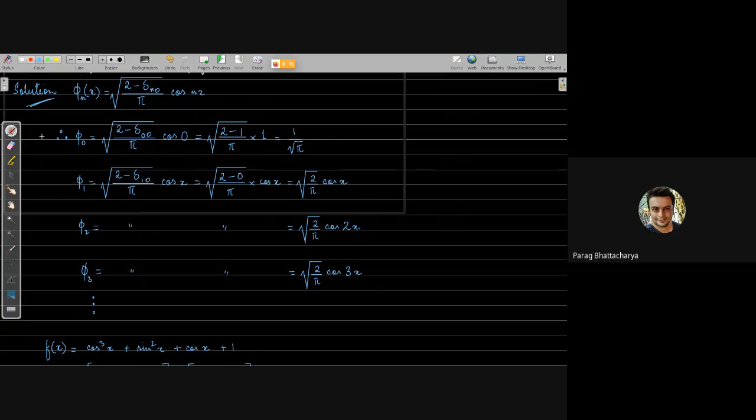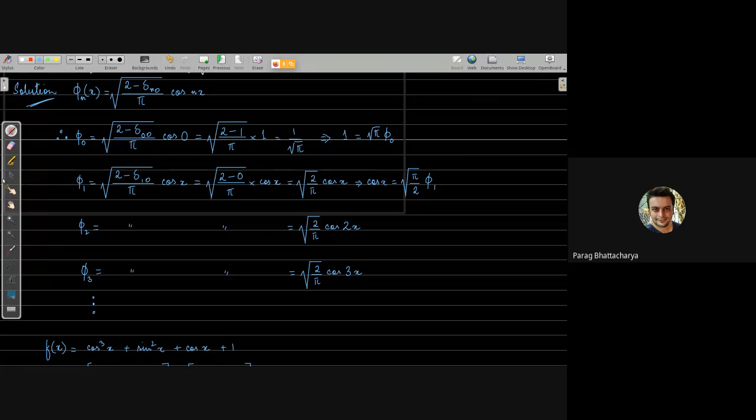So from here, this implies that 1 is equal to root over pi into phi 0. This implies that cos of x is equal to root over pi by 2 into phi 1.